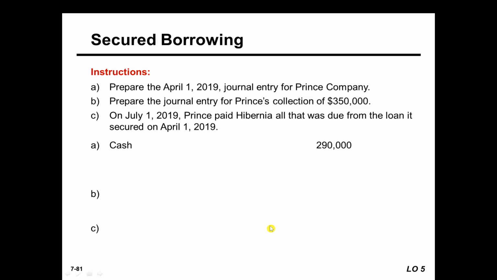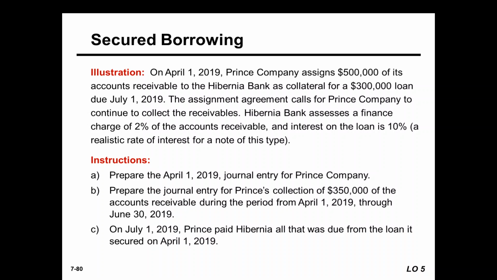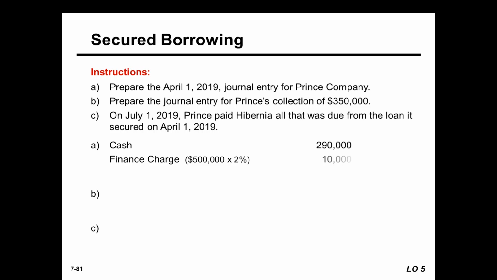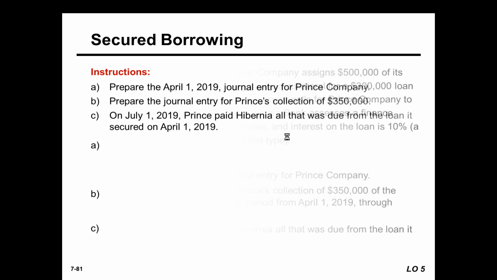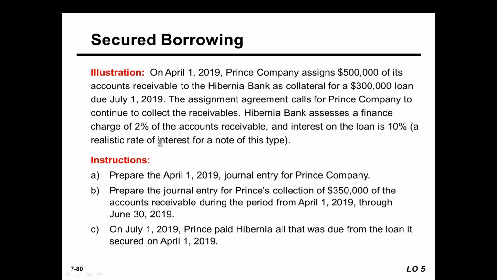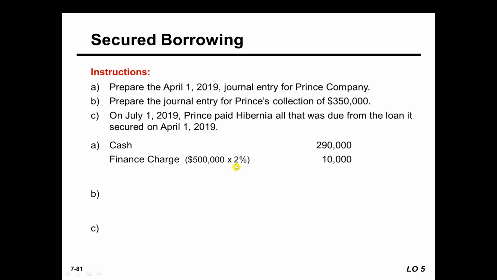So to prepare the journal, first we look at the notes payable, which is 300,000, but the cash received is only 300,000 minus the finance charge of 2%. So the money received is only 290,000.